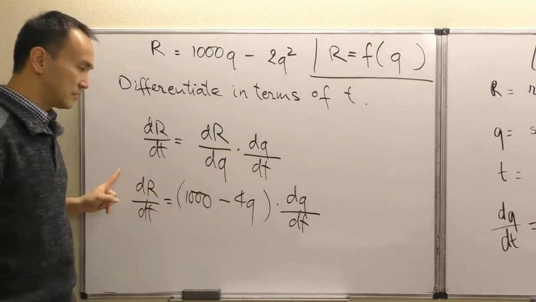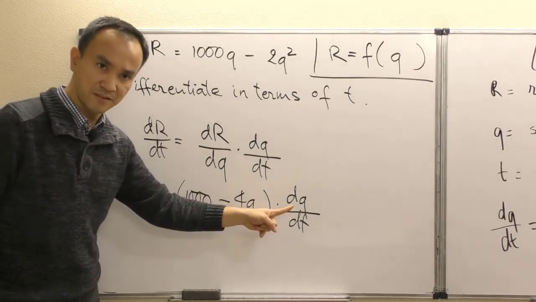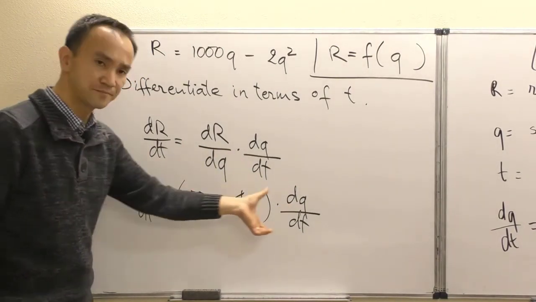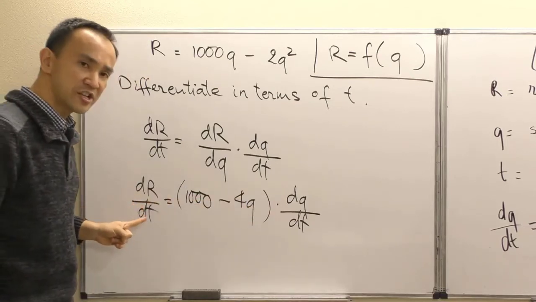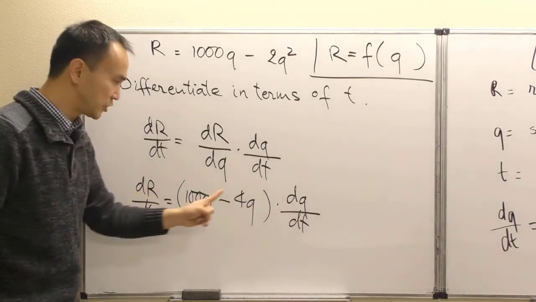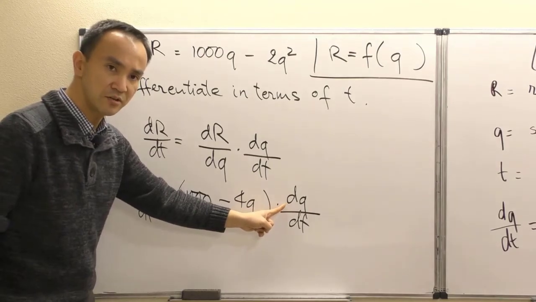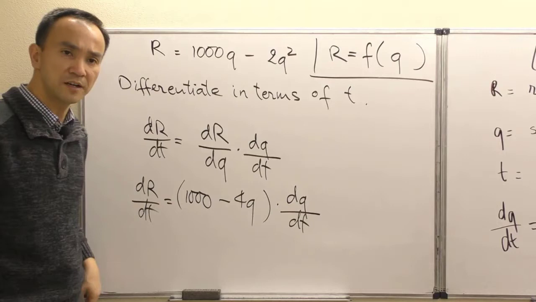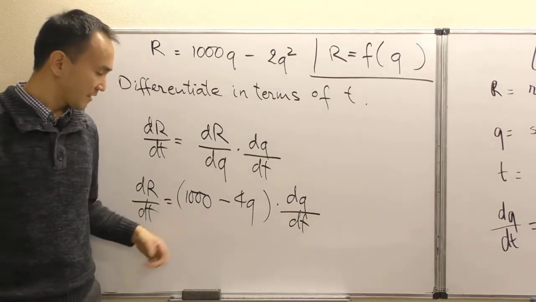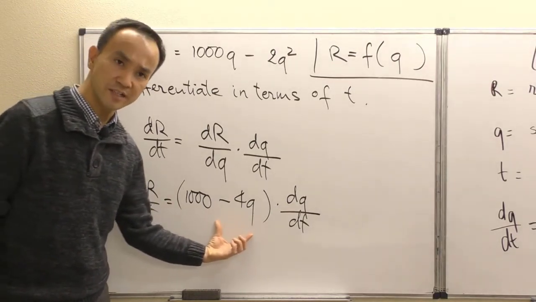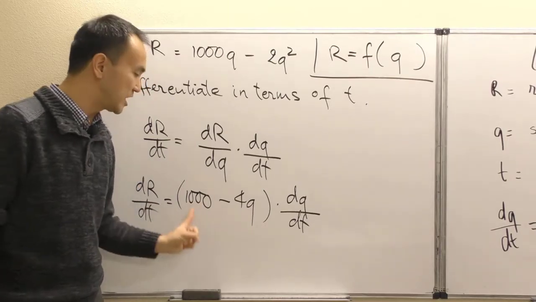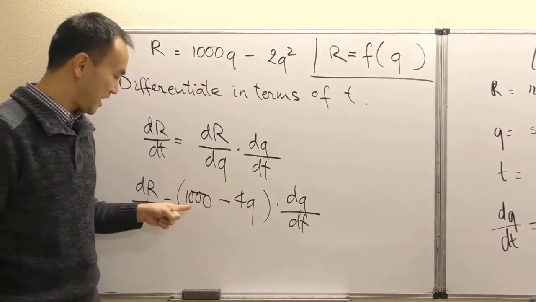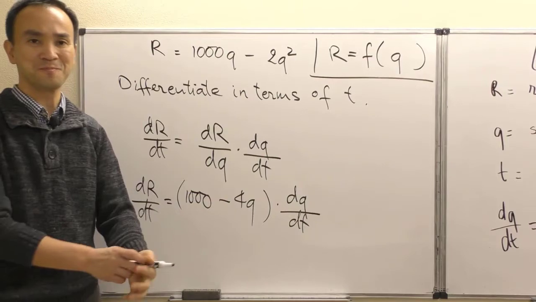Ladies and gentlemen, this is how I have come to find my related rates. I have found a relationship, an equation relating the two rates: the rate dQ/dt that's given in the problem, and the rate dR/dt that we're supposed to find. And this was indeed another rate, the rate dR/dQ that we already know to express as 1000 minus 4Q.